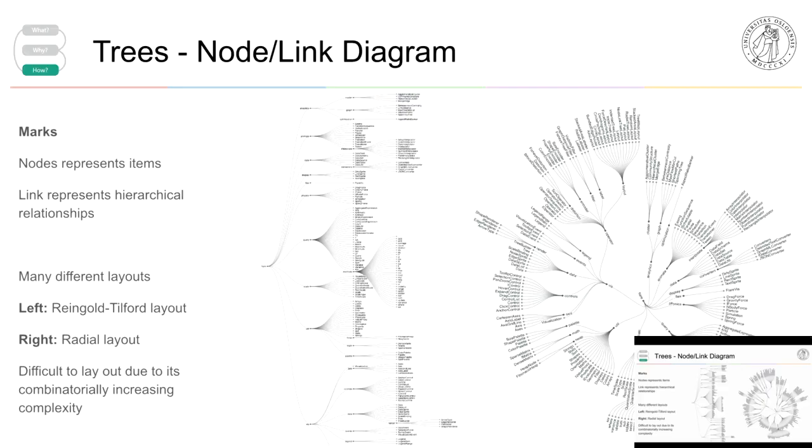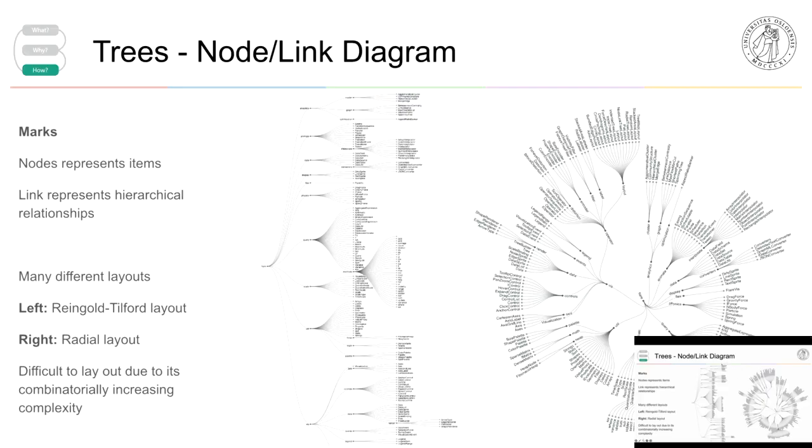Trees are a type of network. So these can also be drawn using node link diagrams, where the nodes represent items and the links represent relationships. But here the links represent hierarchical relationships.